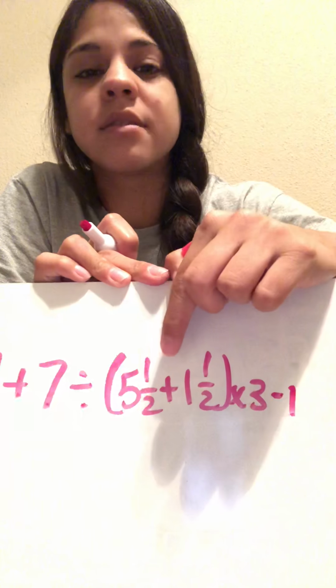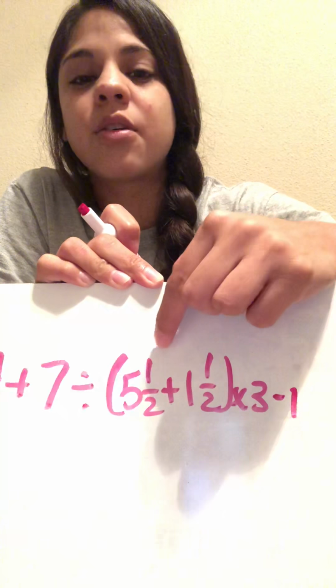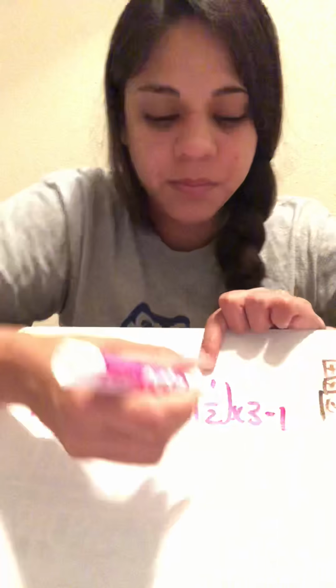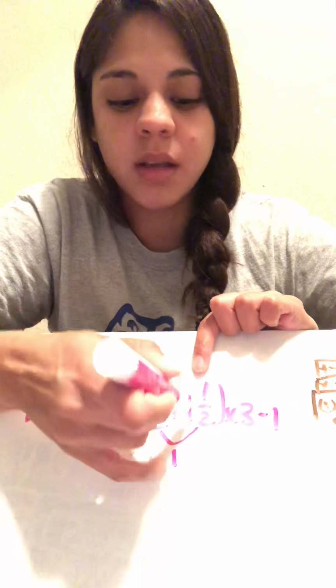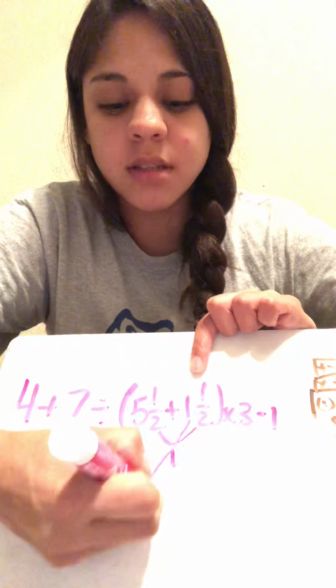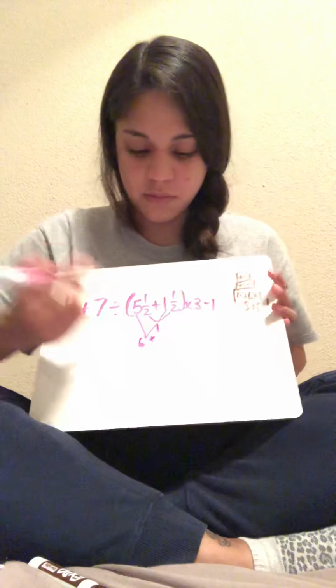You got halves. You know that a half and a half equals what? 1 whole. So look, 1 half and 1 half is already 1 whole. And then 5 plus 1 equals what? 6. So 6 plus 1 equals 7. So right here in my parentheses, I have a 7.